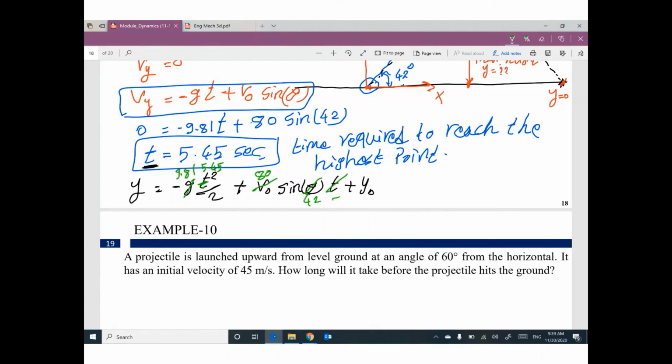We don't have initial y, so I can figure out the value of y. y will be 80 times sine 42 times 5.45 minus 9.81 times 5.45 squared over 2. This value will be 146.1 meter.